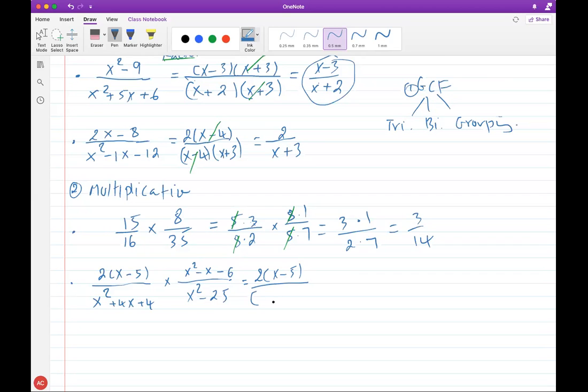This here will be x plus 2, then times. What is that factor like? What's this if you factor it? 2 and 3.